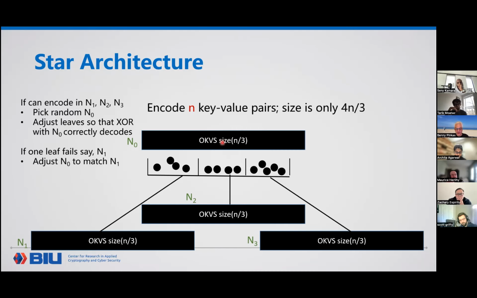So for N0, I put values that compensate for the failure in N1. For each value that was mapped to N1, I put values here so that the XOR of what I get from N0 and from N1 gives what I need for this value. Afterwards, I put values in N2 and N3 that compensate for the items that map here to what I put in N0, and the same for this.